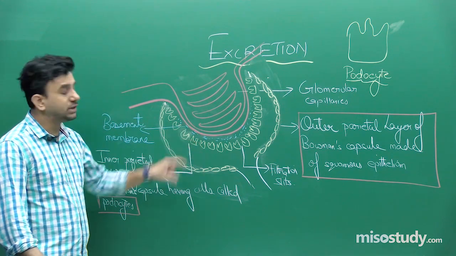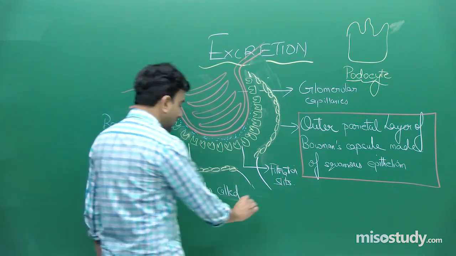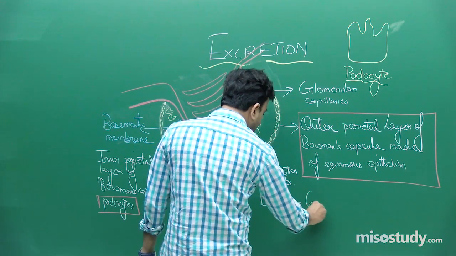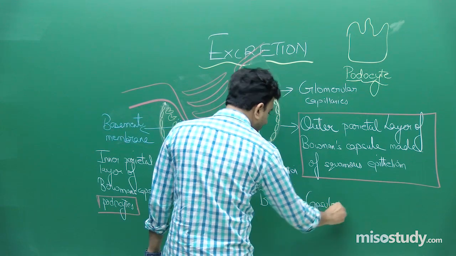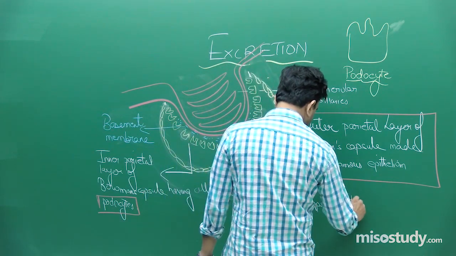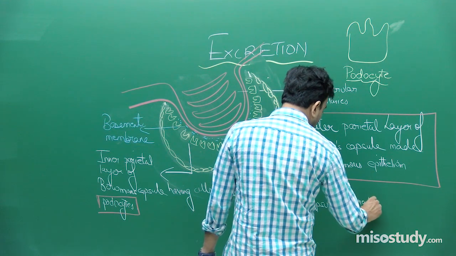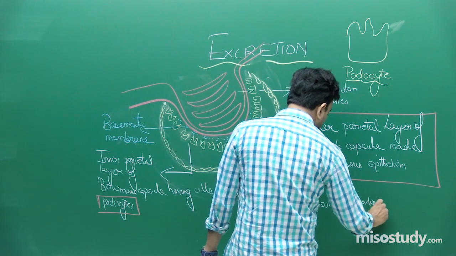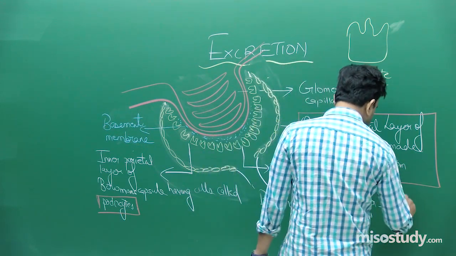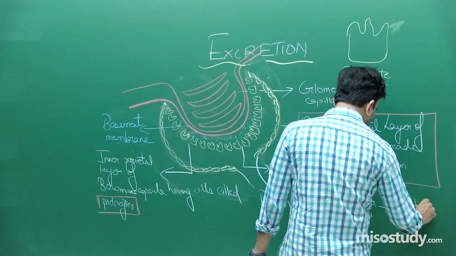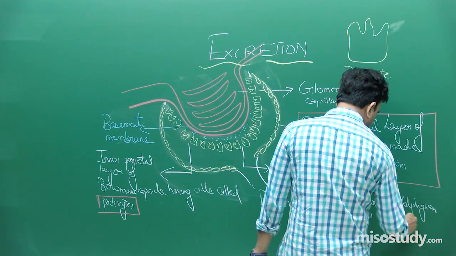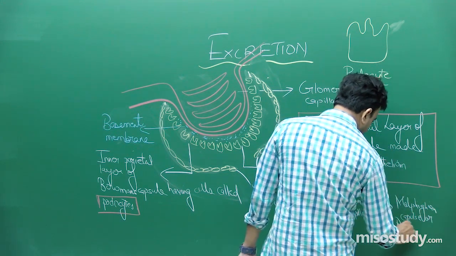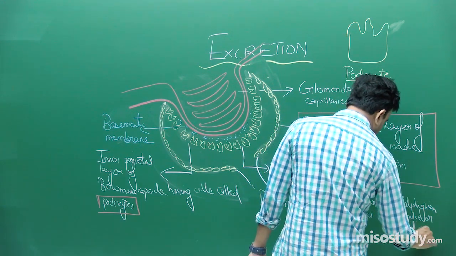This Bowman's capsule with the glomerular capillaries is together referred to as the Malpighian capsule, or renal capsule.